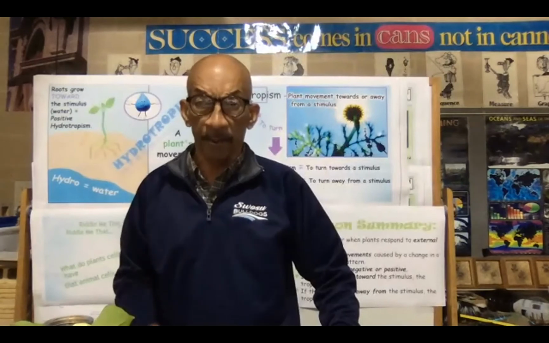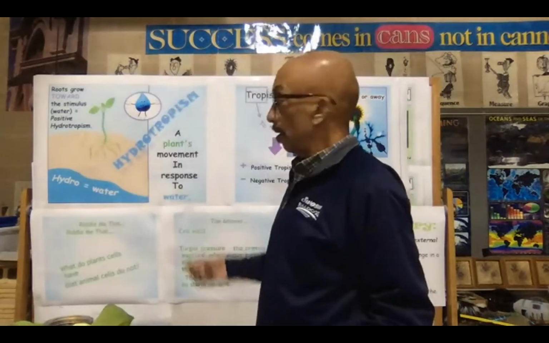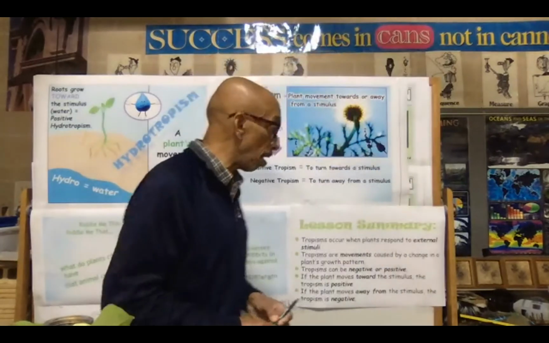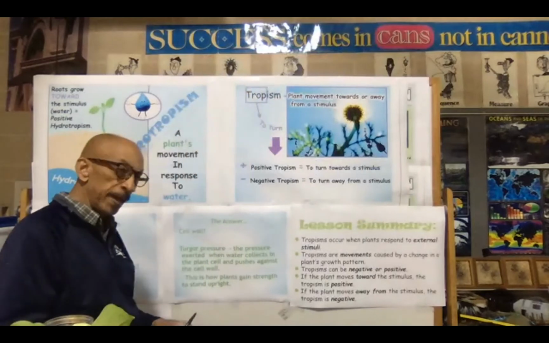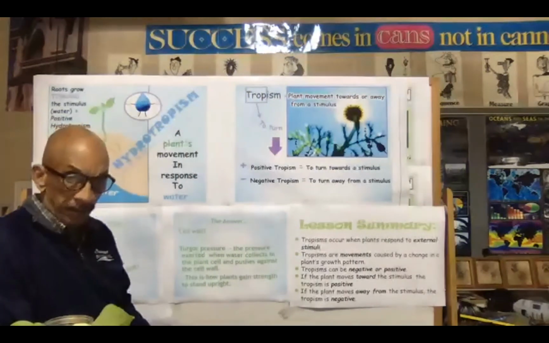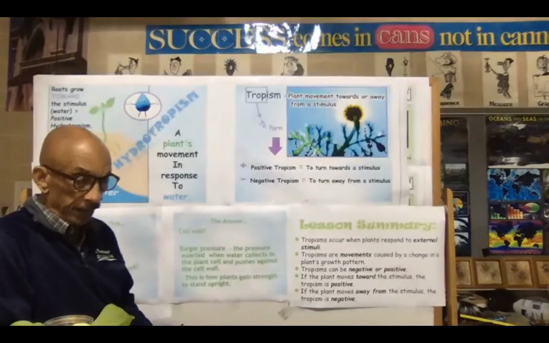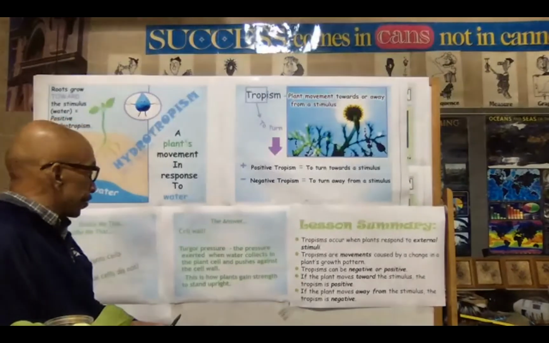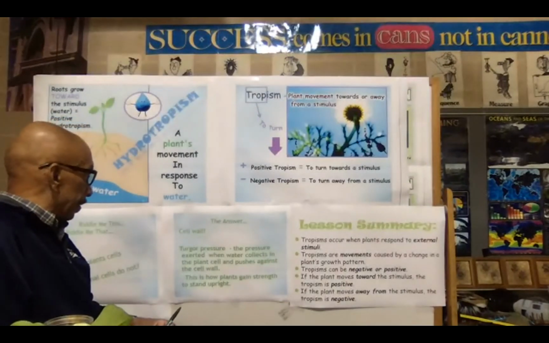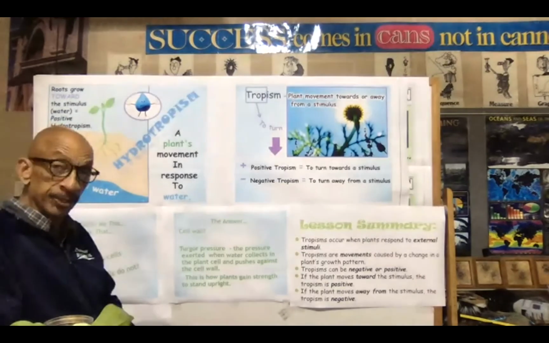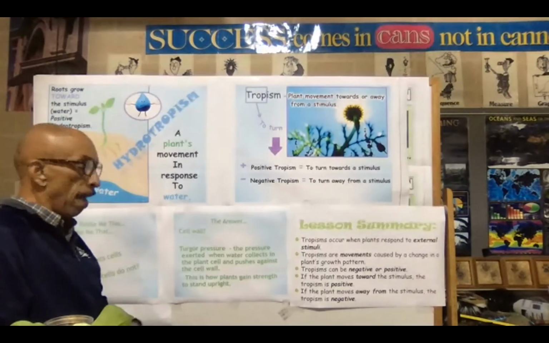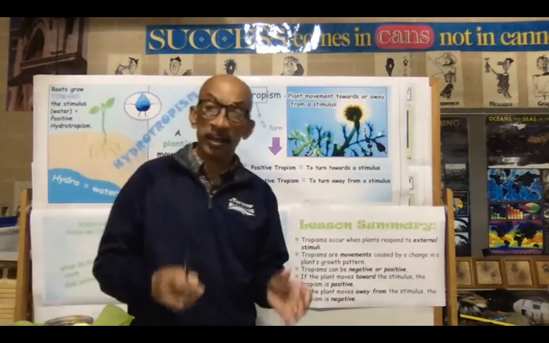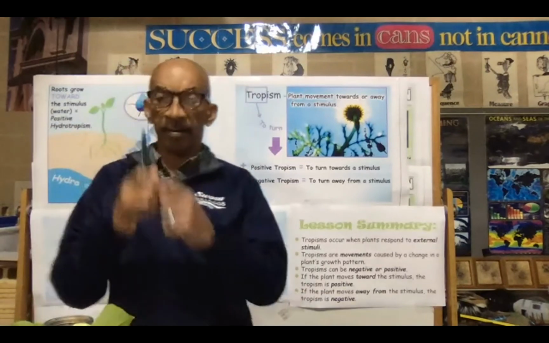So the cell wall plays a very important part in hydrotropism, simply because plants have to have turgor pressure. And that turgor pressure is the pressure exerted when water is collected in a plant cell and pushes against the cell wall. And this is how plants get their strength to stand upright.